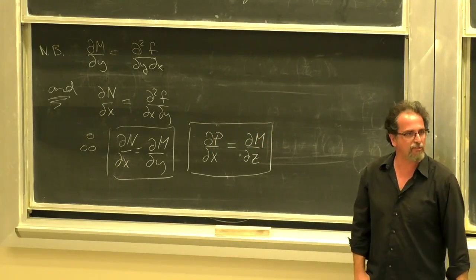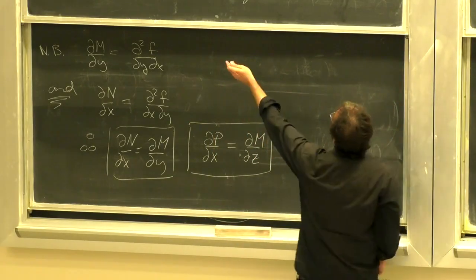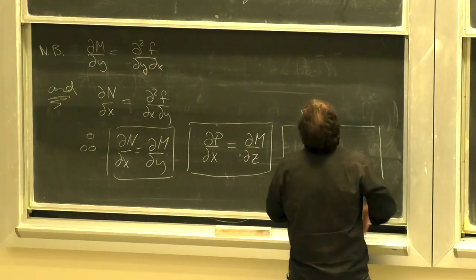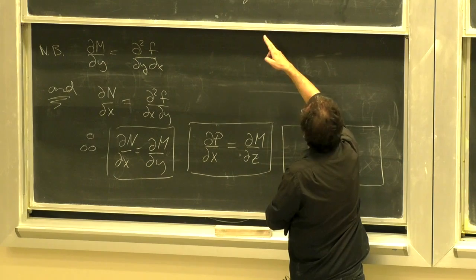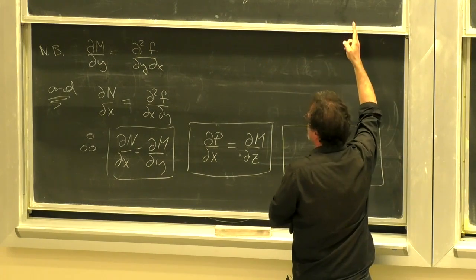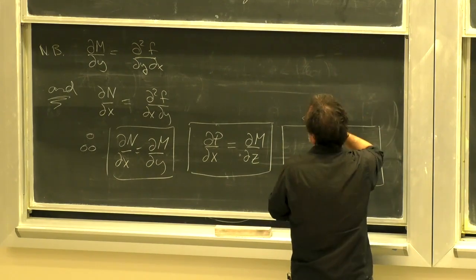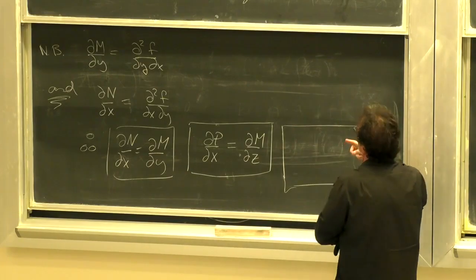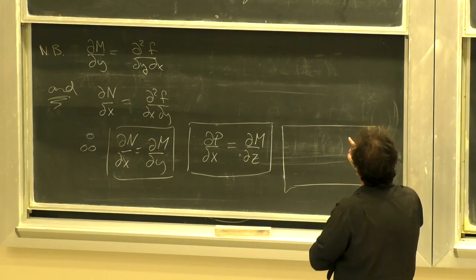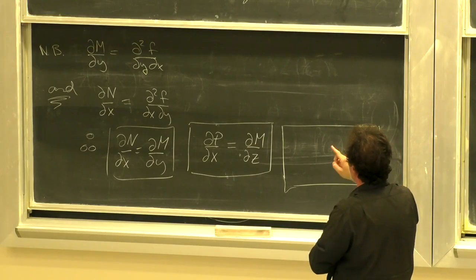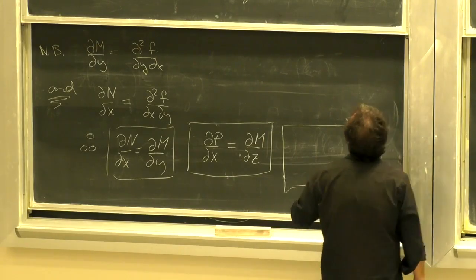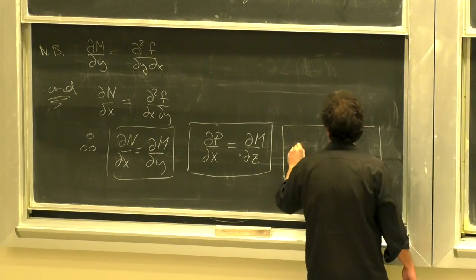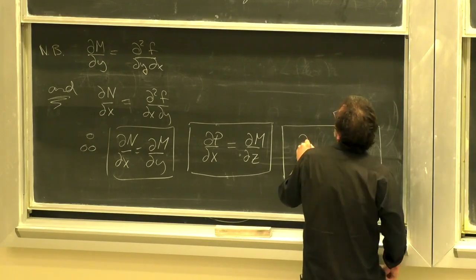And maybe you can see that there's a third relationship right here. I have to take the z derivative of this and the y derivative of this. I want to make sure I got them all right. I didn't put the order the way I wanted to, but it doesn't matter. They're equalities.